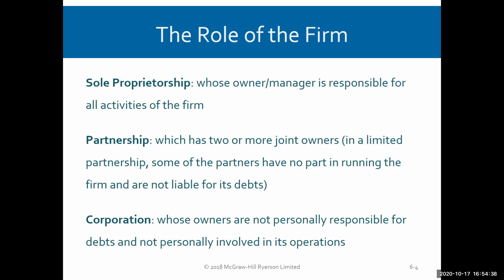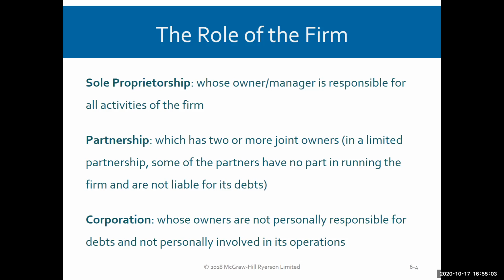day-to-day operations. So the second type of firm we have is called a partnership. And it's where two or more joint owners run a particular little company. And it's like a sole proprietorship, but different in the sense that there are two or more people involved in it. So the access to money is a little bit easier. The access to a bank is a little bit easier.